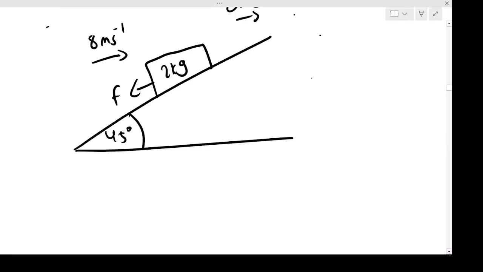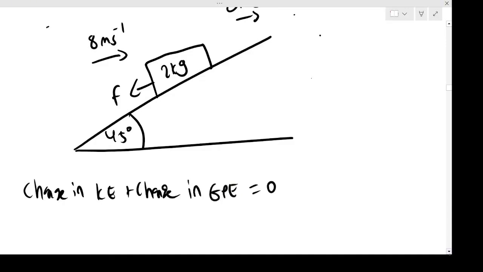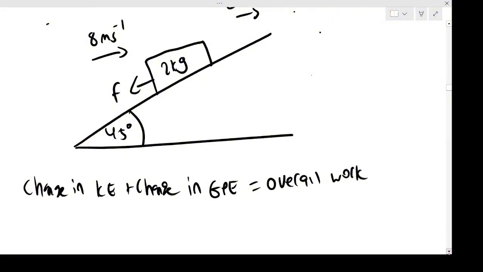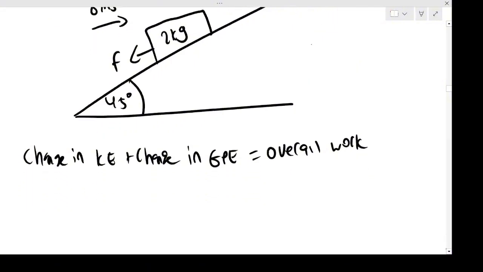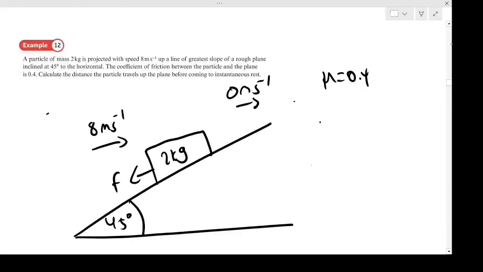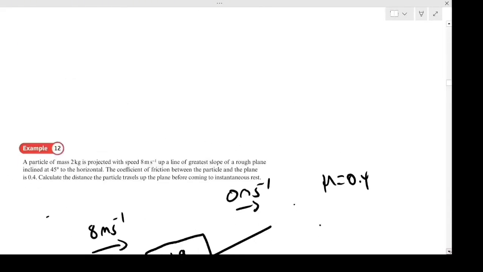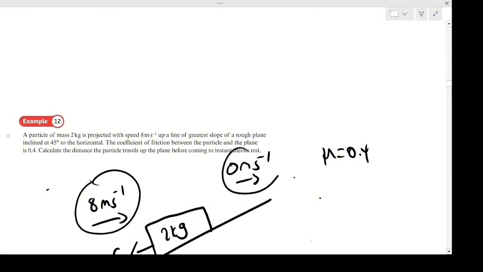Okay. So that's going to require the work energy principle. So that's going to be the change in kinetic energy plus the change in GPE is going to equal the overall work. So firstly, the change in kinetic energy, that's quite simple because we know the speeds. We know it starts at 8 and ends at 0.